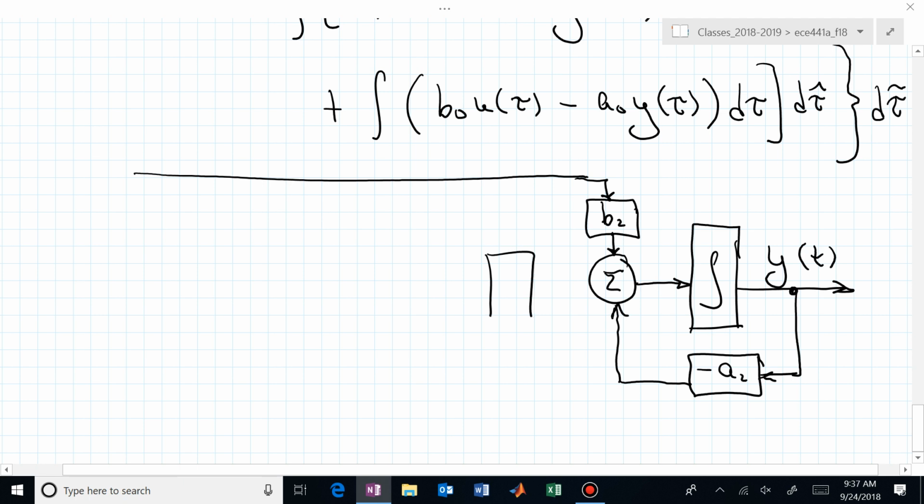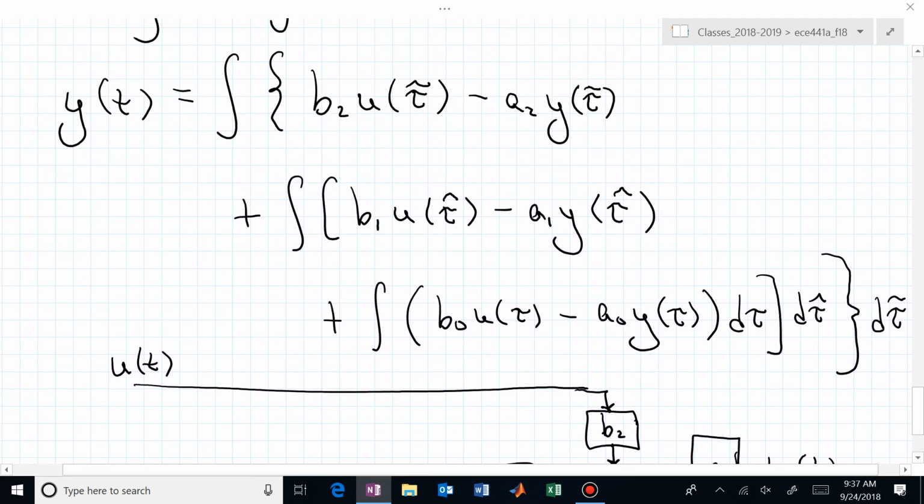And it's also the output of an integrator. Here's U. I assume I have the input available. I have the output available, and now this has made it all the way down to the square bracket.